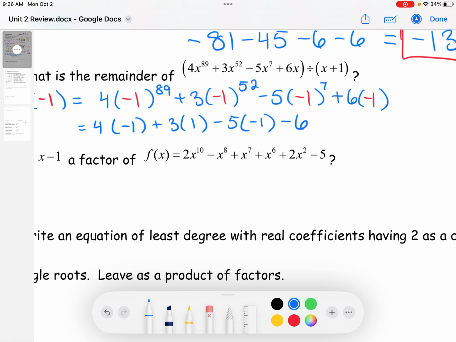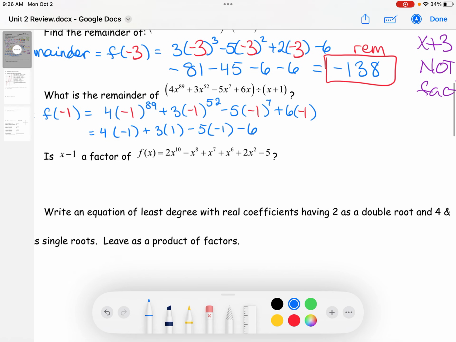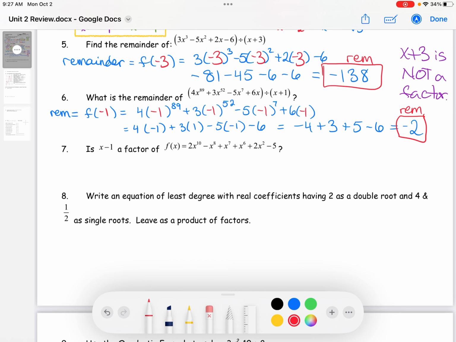Then 6 times -1 is -6. So, multiplying all of this out, we get -4 plus 3 plus 5 minus 6. And that equals -2. So our remainder here is -2. And that tells us that x plus 1 is not a factor.